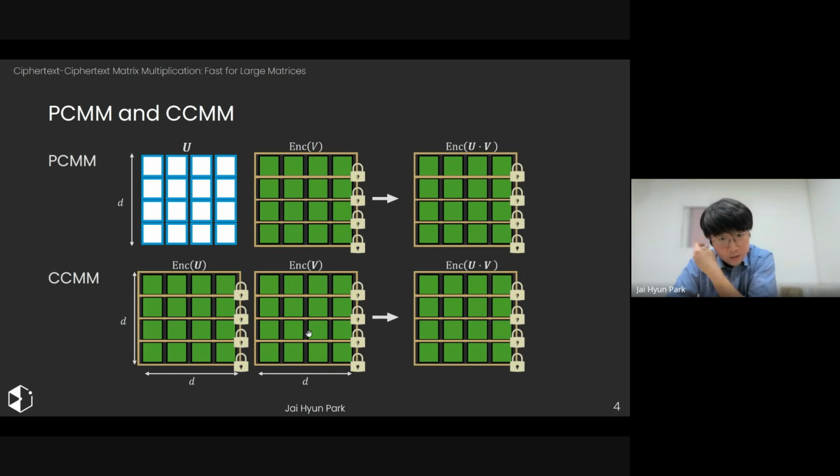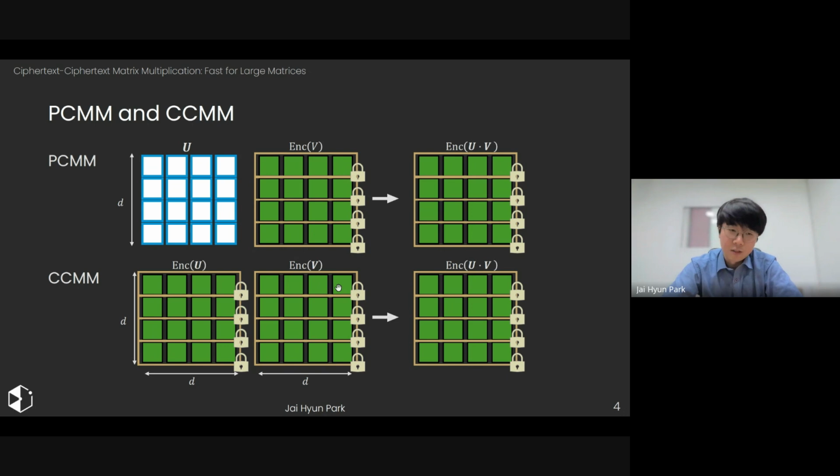As we are using the CKKS scheme, a single ciphertext can store several messages. And we are also considering large matrices, which means that to encrypt a large matrix, we sometimes need several ciphertexts.